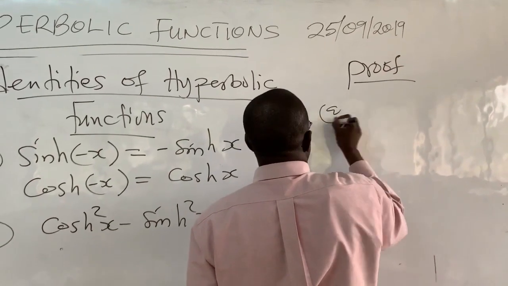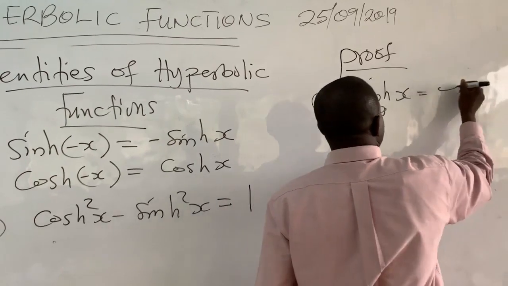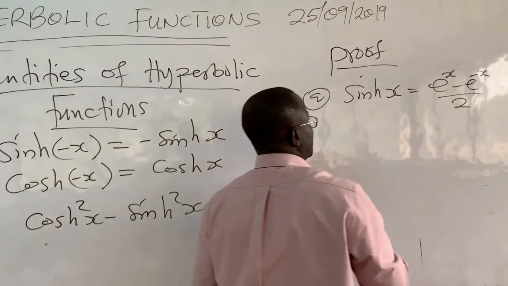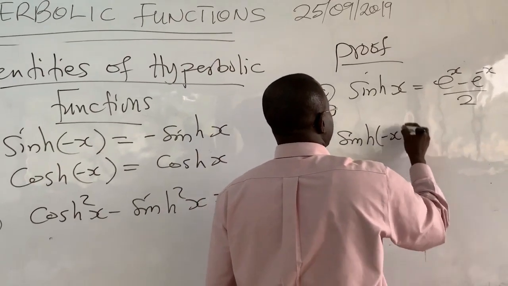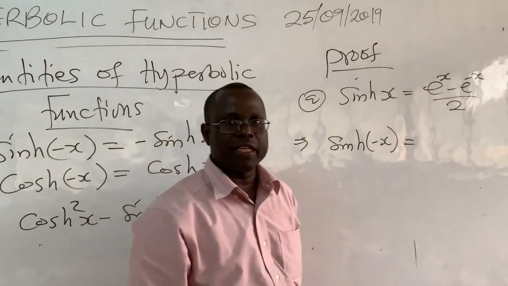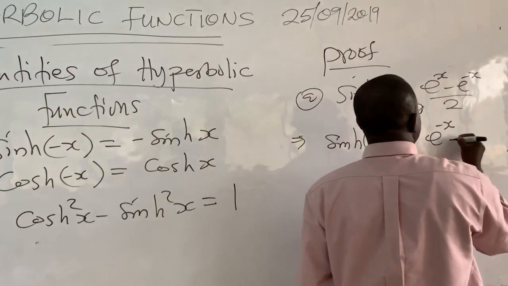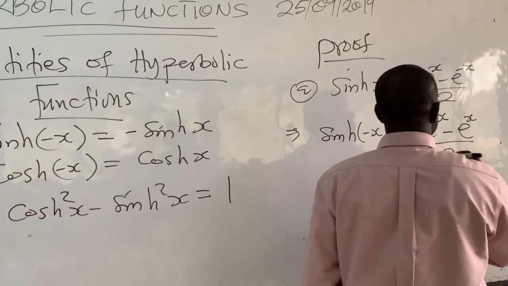Okay. So here, the first one, we have sinh. By definition, this is given by e to the x minus e to the negative x over 2, which implies that sinh of negative x, if I replace every x with a negative x, gives you e to the minus x minus e to the positive x over 2.